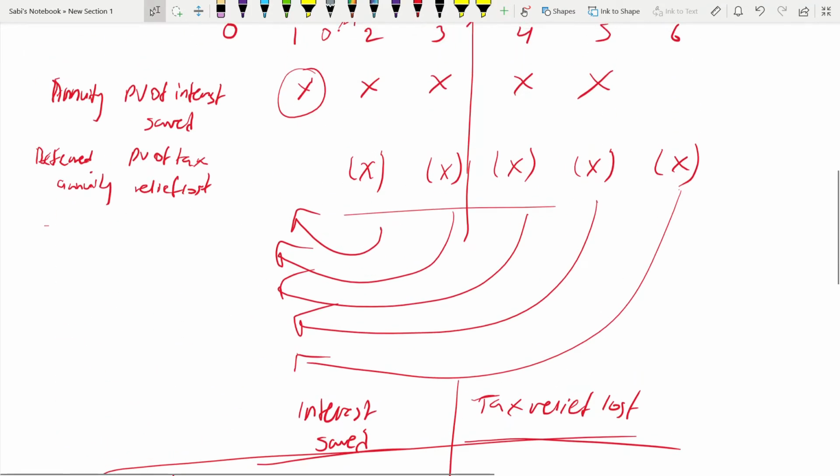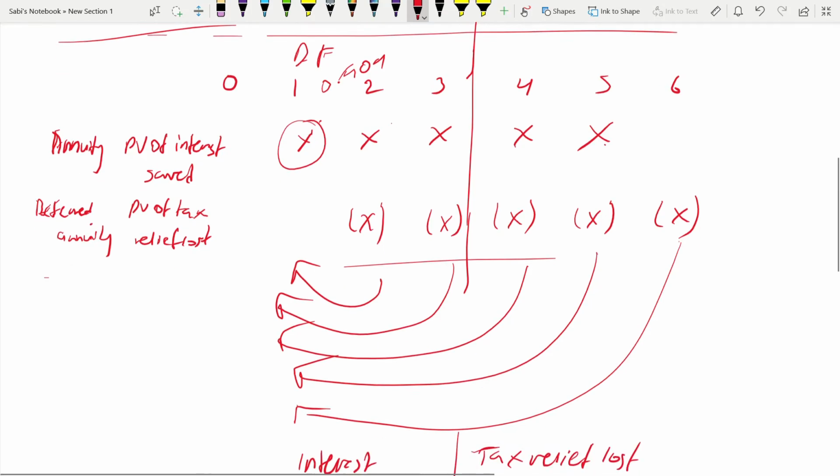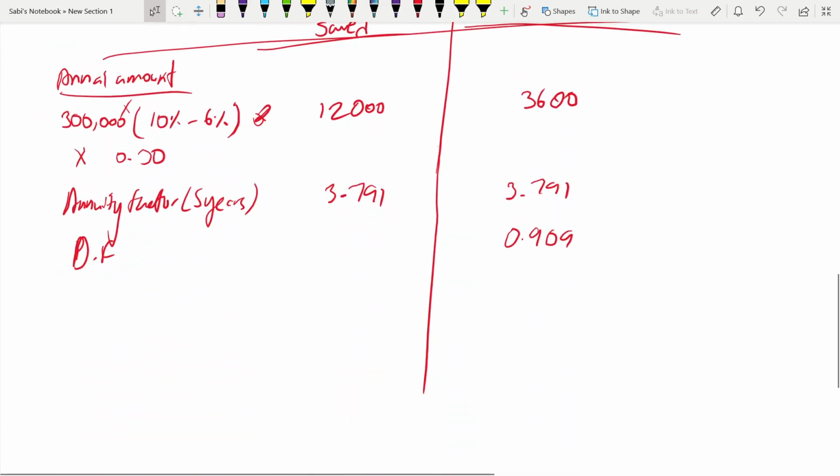For interest, no problem, the year it is paid, just multiply by the annuity factor, years 1, 2, 3, 4, 5, that's it. But for tax, multiply by the discount factor because of that 1 year delay. If it was not a 1 year delay, then you don't have to take the discount factor.